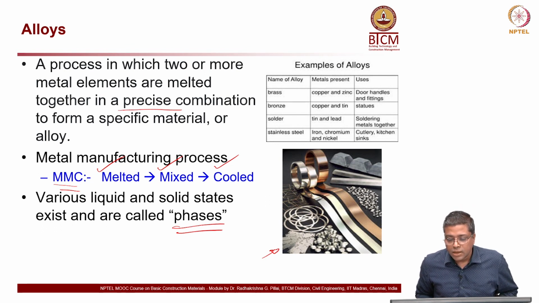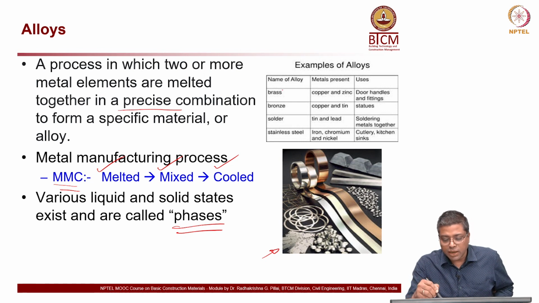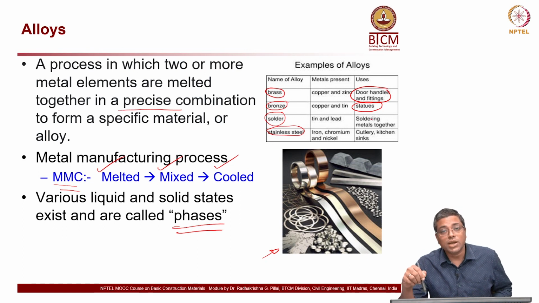Now, here is an example of some major alloys which we use: brass, bronze, solder material, stainless steel, etc. So, copper and zinc, where they are used, and then copper and tin, where they are used. I will leave it to you to find out the reason, what are those properties which we are targeting.